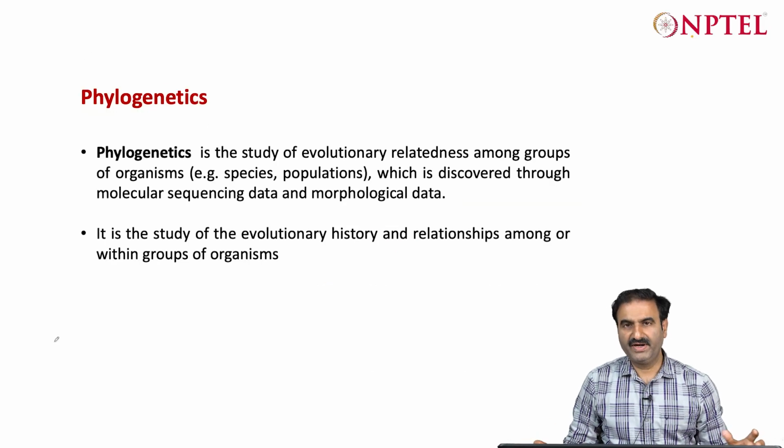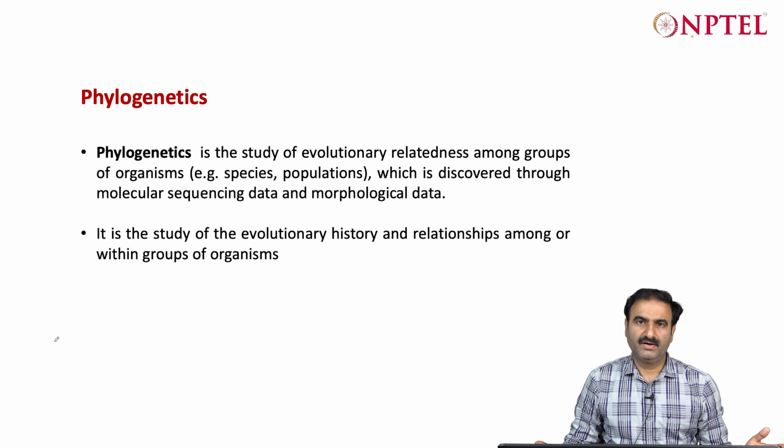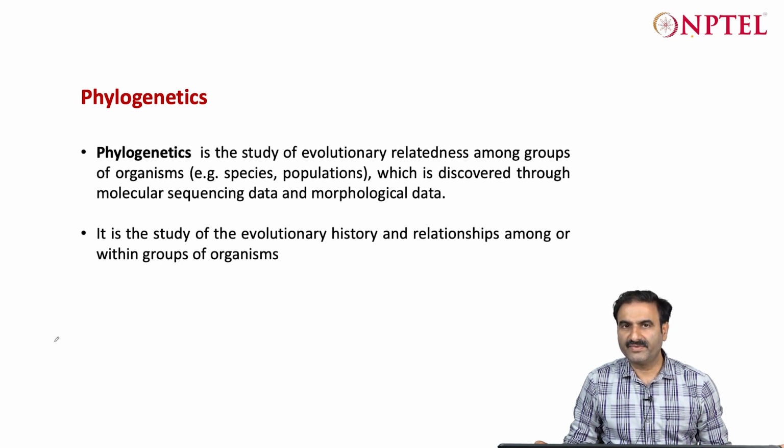Phylogenetics, as we discussed earlier, is the study of evolutionary relatedness among organisms. We can use molecular or morphological data for this, and we now know that molecular data works well because it is reproducible and not subject dependent, right, not subjective.